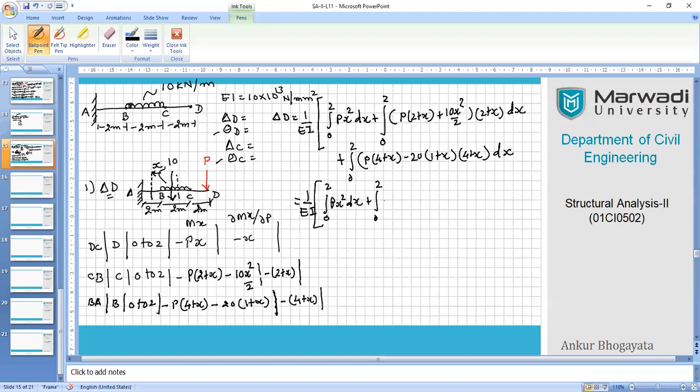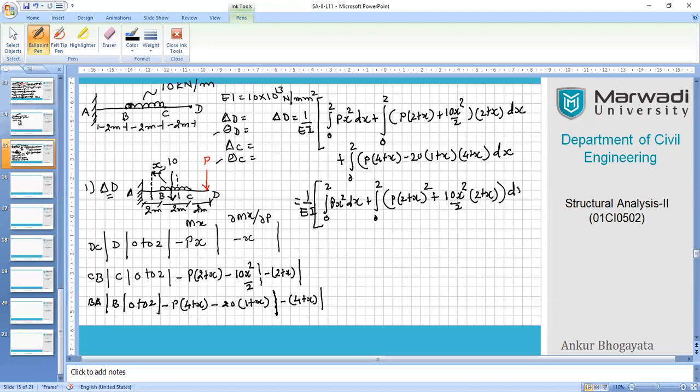Now let's simplify this, and we'll not put p equals to 0 at this moment. Let's try to simplify further. P into, let's say, 2 plus x square plus 10x square by 2 into 2 plus x. Okay.